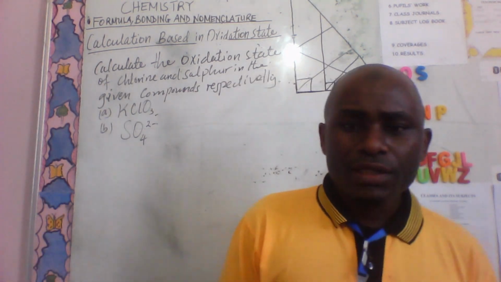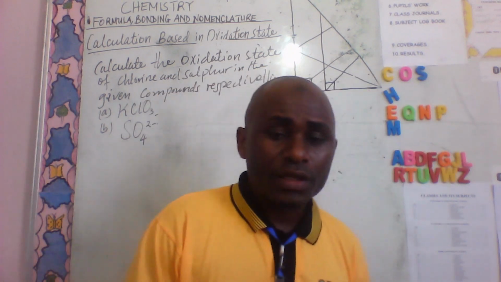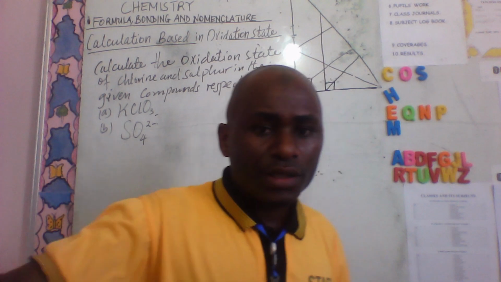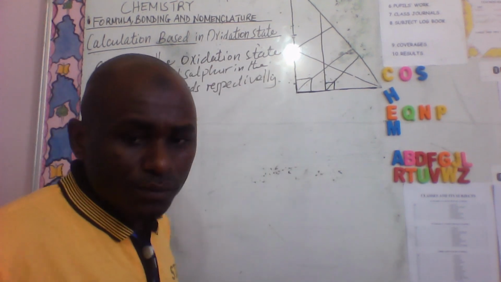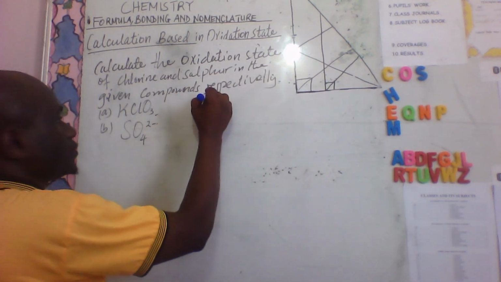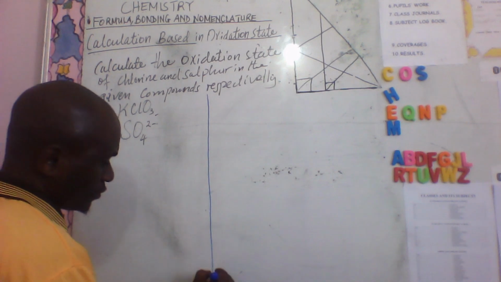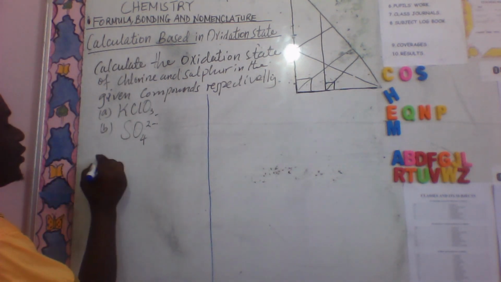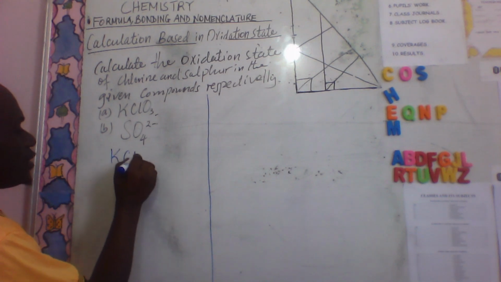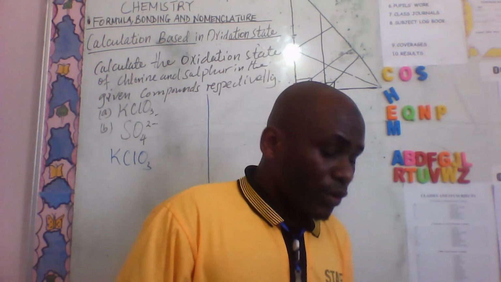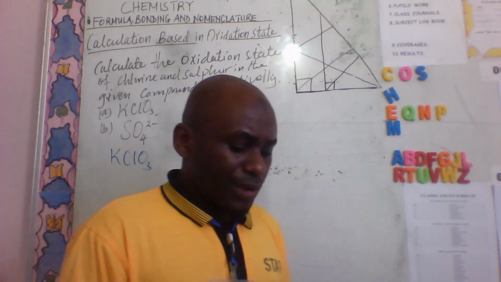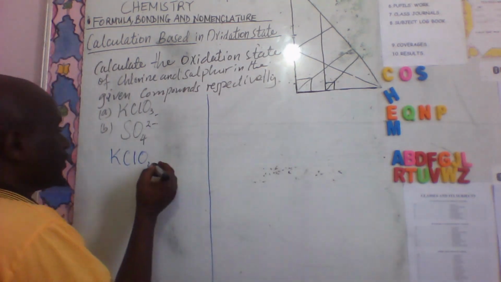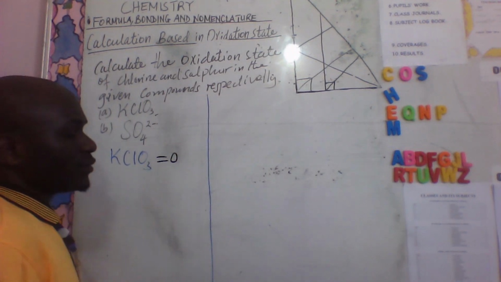To deal with it, let us deal with it separately. So here we have potassium chloride. Suppose you know that potassium chloride is a charged or uncharged compound, so here the sum will become zero.